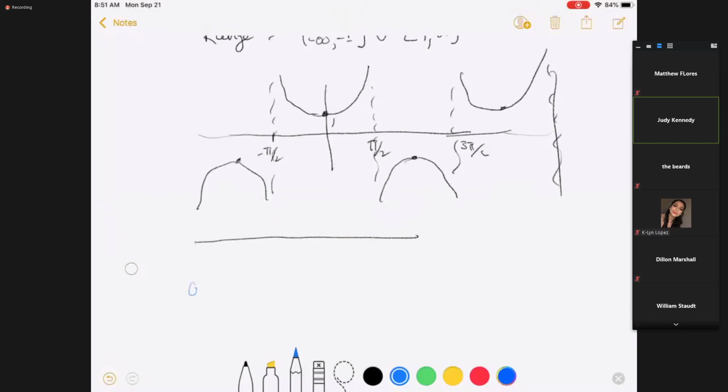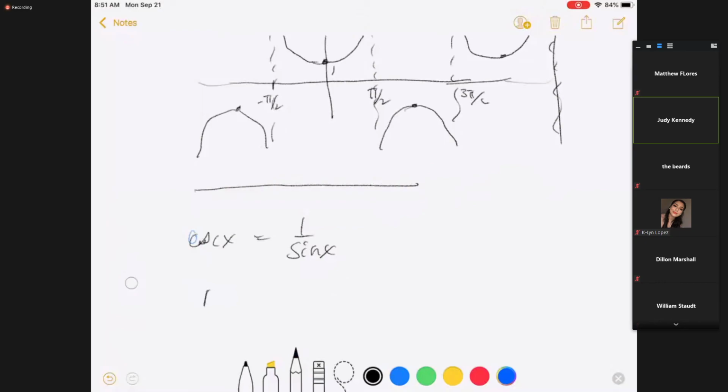Okay, so the cosecant, let's stick with black. That's 1 over the sine. All right, so its domain, same as the cotangent, 0 to pi, union pi to 2 pi, union dot dot dot, a union minus pi to 0, union dot dot dot.